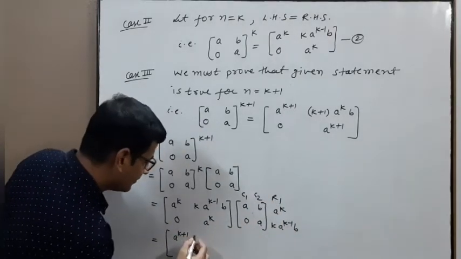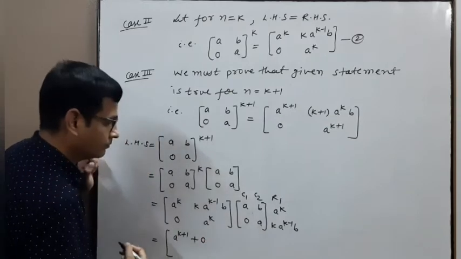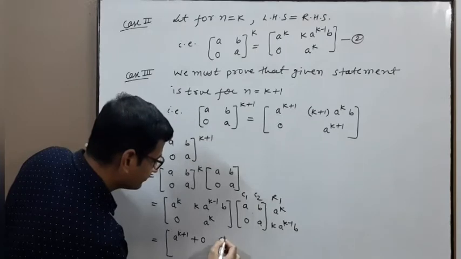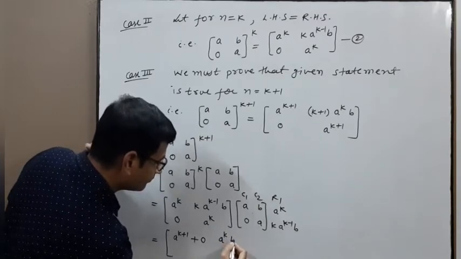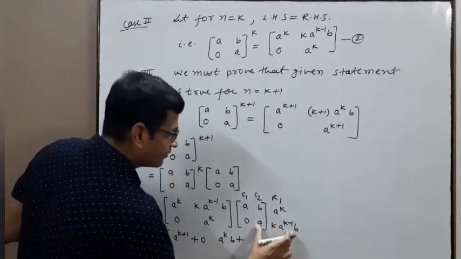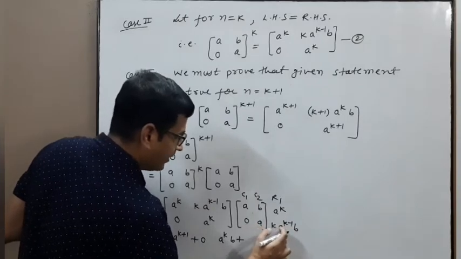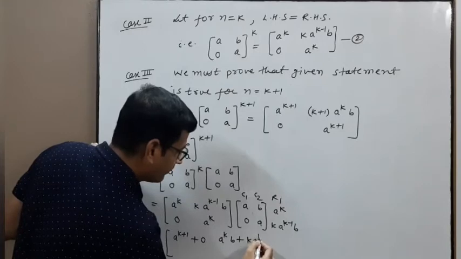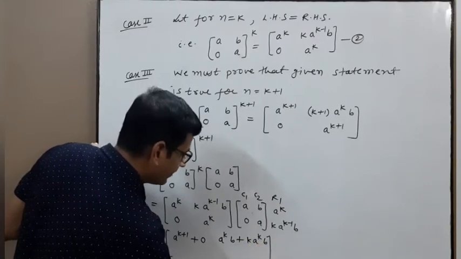And this into this is 0, so plus 0. Now this into this, so A to the power k into B, plus this into this, so k A to the power k minus 1 plus 1, so k A to the power k into B.